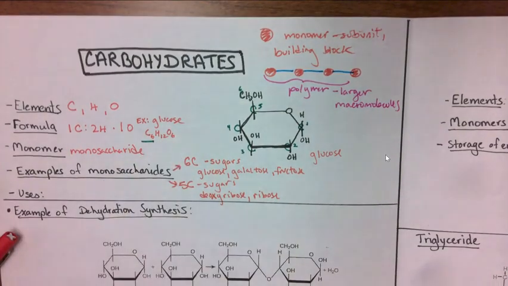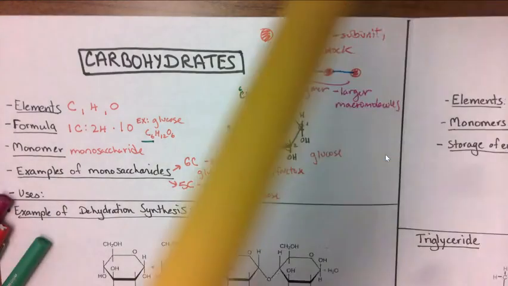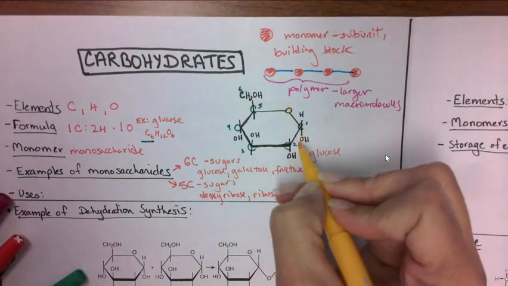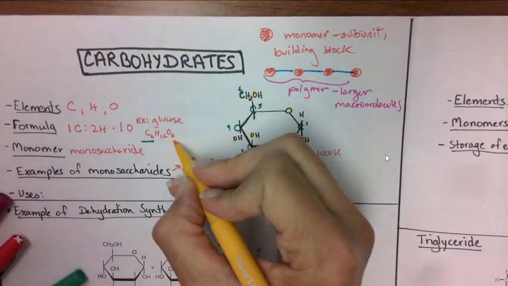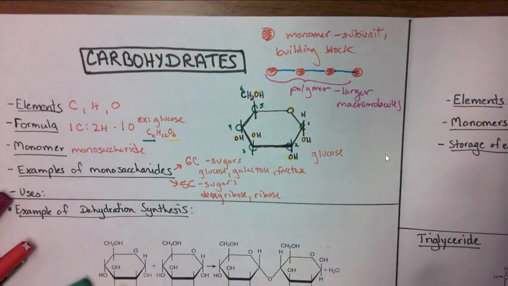Let's do the oxygens next, because those are a little bit easier to see as well. So let's look at the oxygens. We have 1, 2, 3, 4, 5, 6. So we have the required number of oxygens. Then we come to our hydrogens. Those are a little bit stickier.